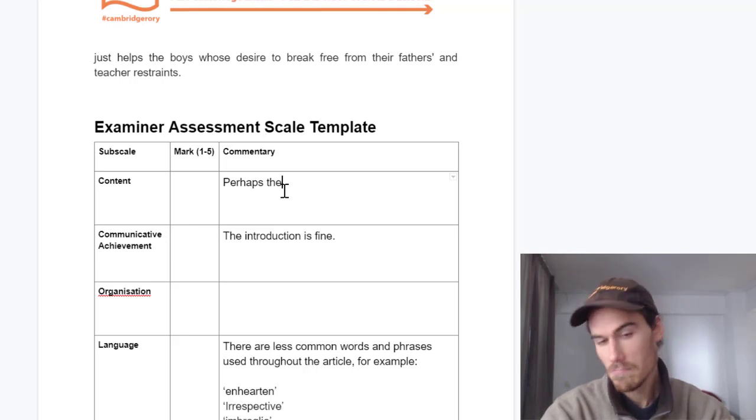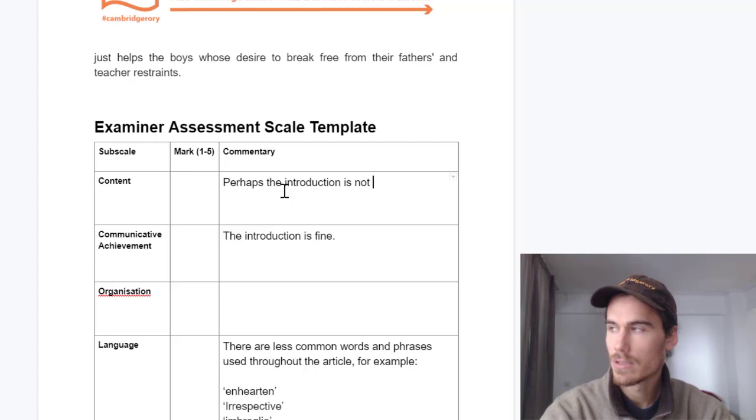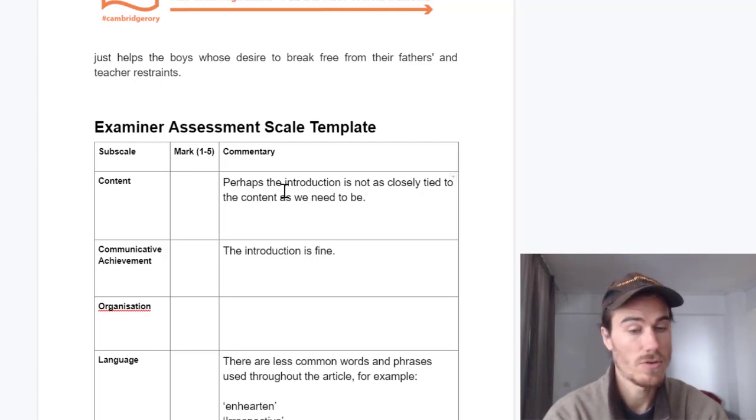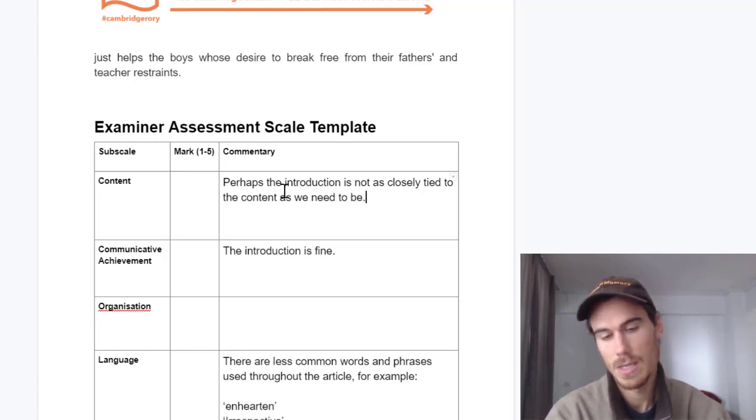Perhaps the introduction is not as closely tied to the content as we need it to be. So I don't know if you can remember earlier I said that maybe describing the film is not actually that important, but describing the conflict and whether or not it can be resolved is more important.